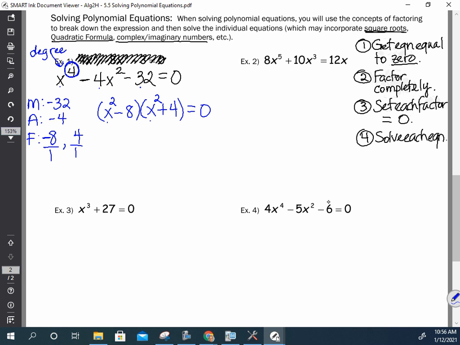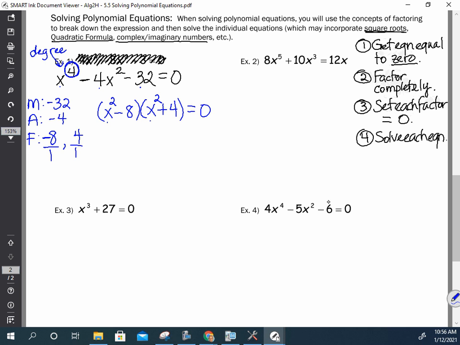Any questions before we continue? So again, you have to get back to x to the fourth. You can't leave it as just x. That's not good enough. So now let's continue.